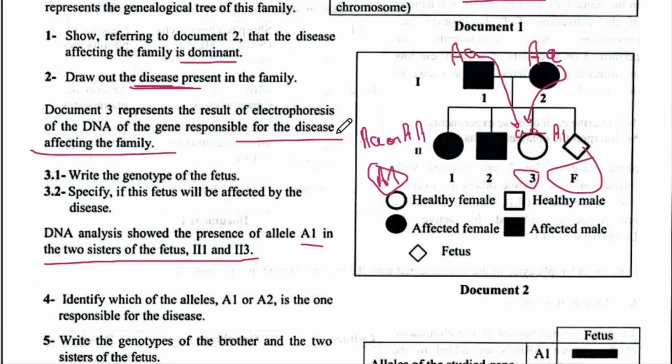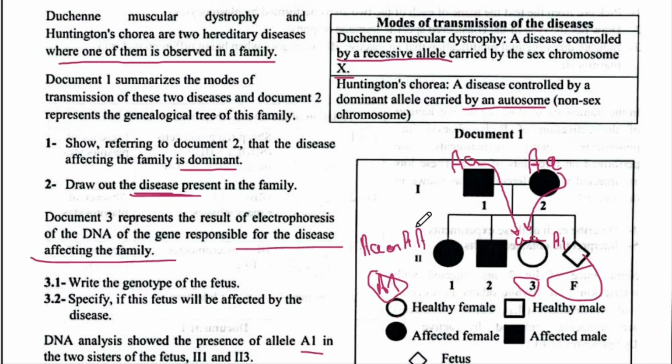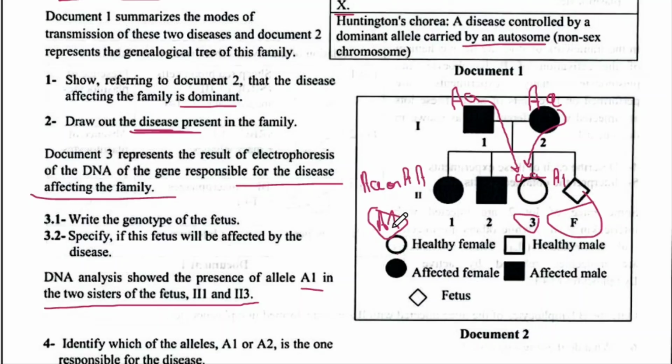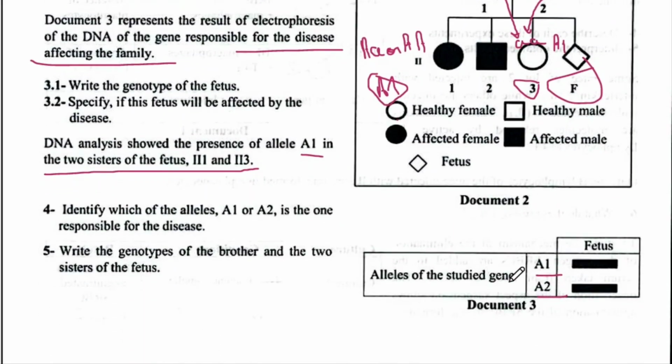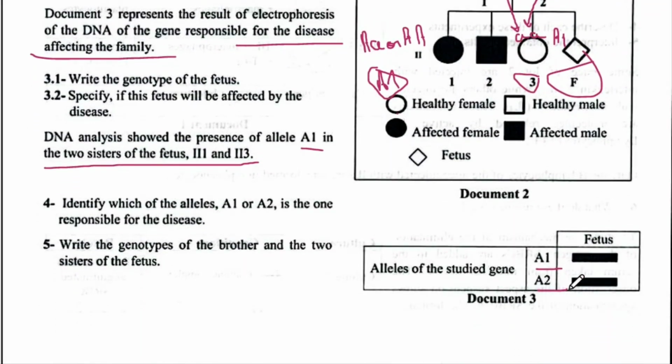Because the disease is dominant, for sure A1 is the recessive healthy allele. Okay, and A2 is present here, so A2 is the dominant allele.